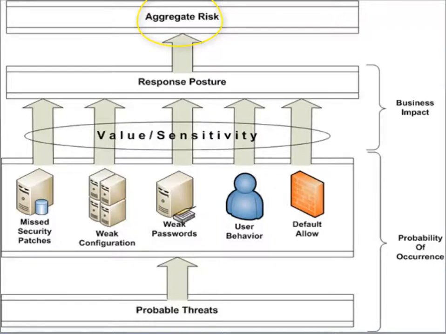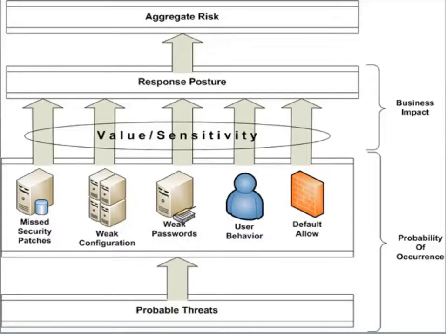The level of aggregate risk that exists after controls are applied must comply with management's appetite for risk. So in other words, management has to decide whether or not the aggregate risk is too high. If it is, then we have to go back and make adjustments on our controls and processes.